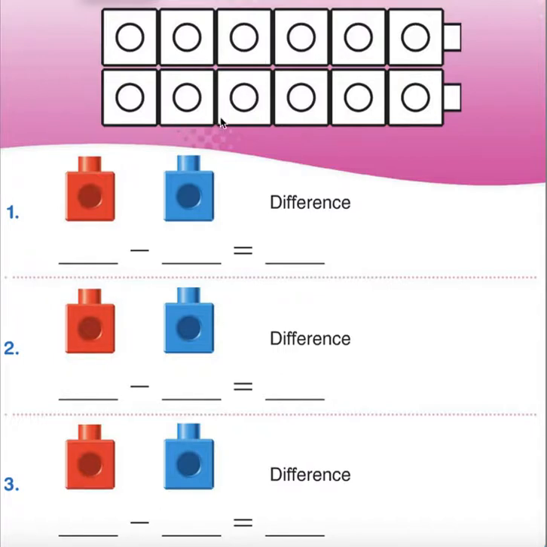Okay, now that I cleared my page, you guys can do this one with me. Okay, so first let's pick a big number for the red blocks, because that's going to be our bigger number. Go ahead with your pencil. Let's color in 4 red blocks. Color in 4.